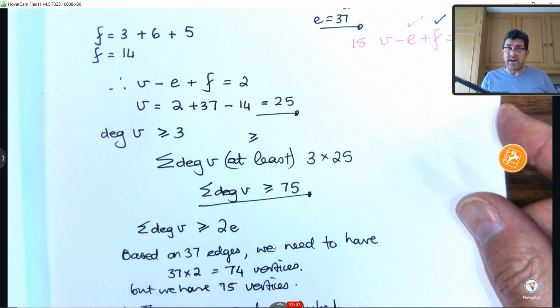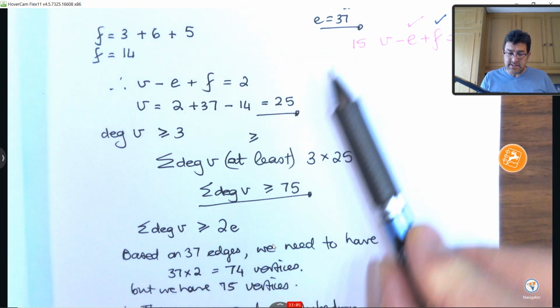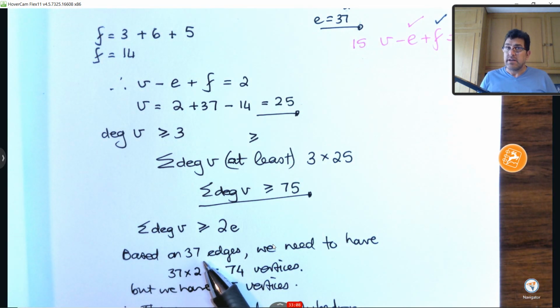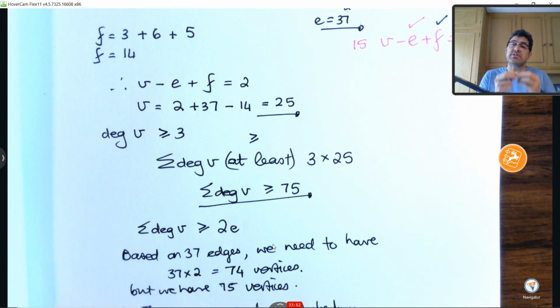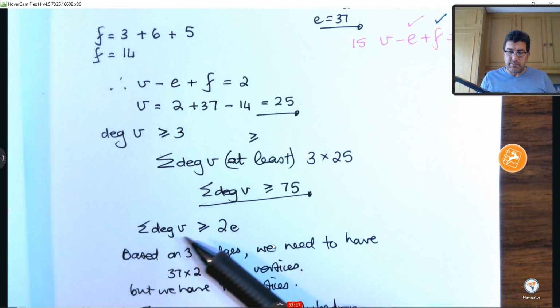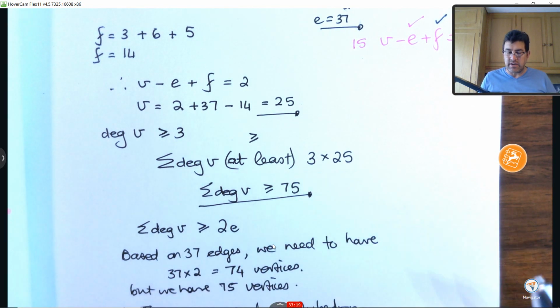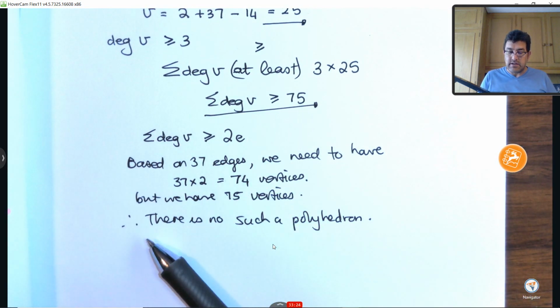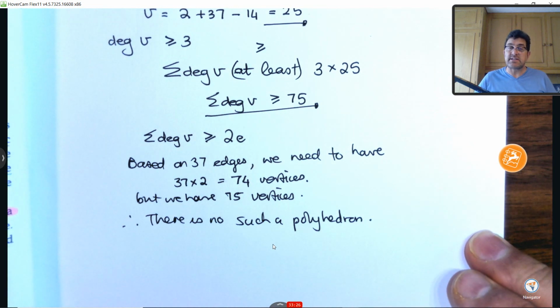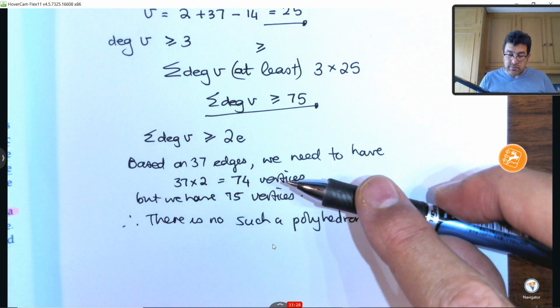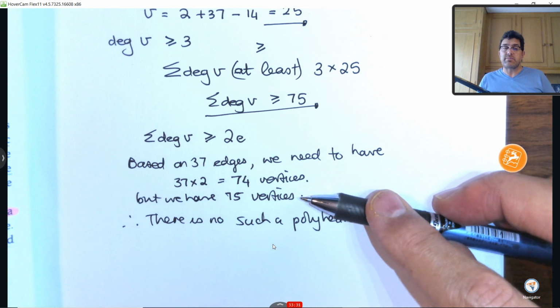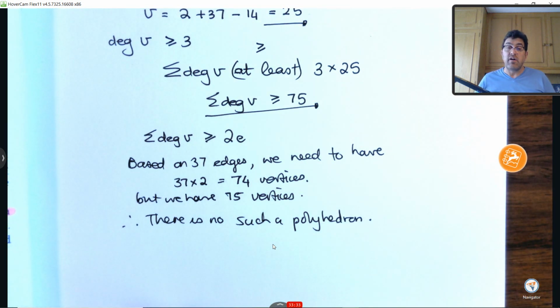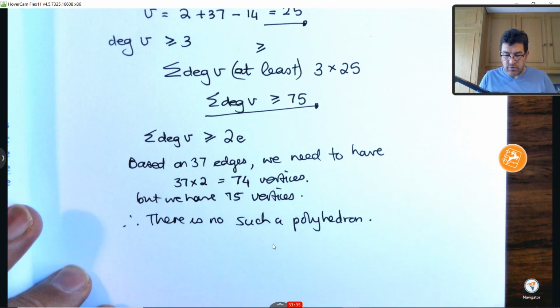Then based on the fact that we had 37 edges, it means we can only have 74, because each edge has 2 vertices connected to it. The sum of the degree says it must be bigger than 75, which is not the case here. So there is no such polyhedron that exists, because we can only allow for 74, but we have 75 given to us.